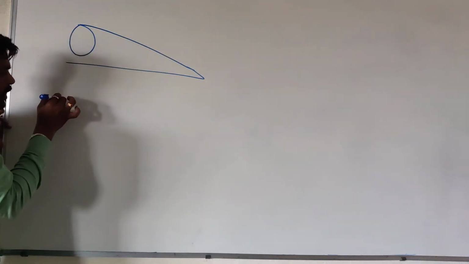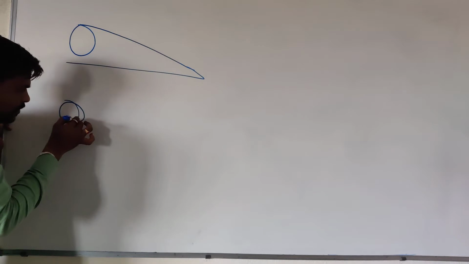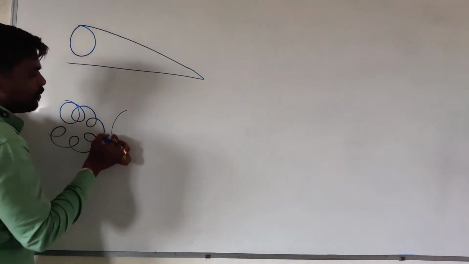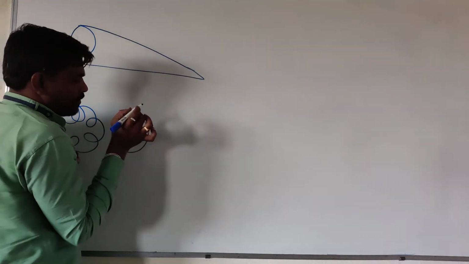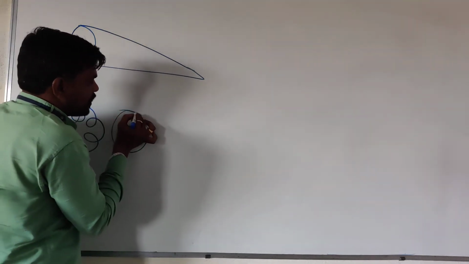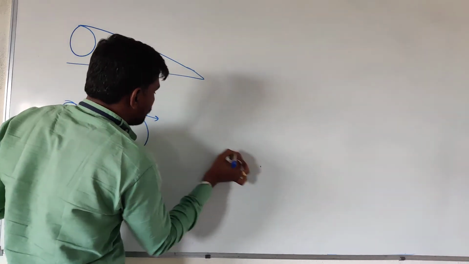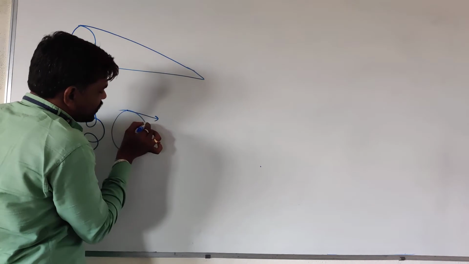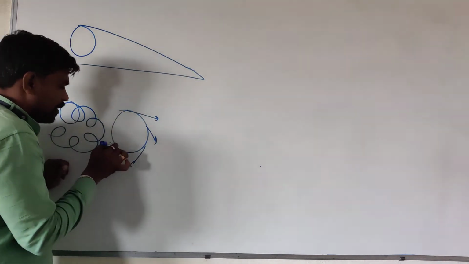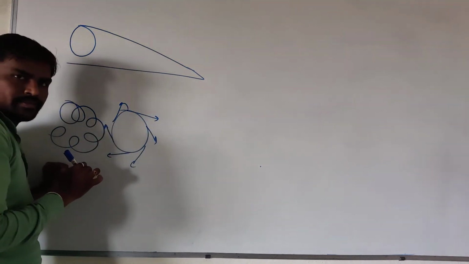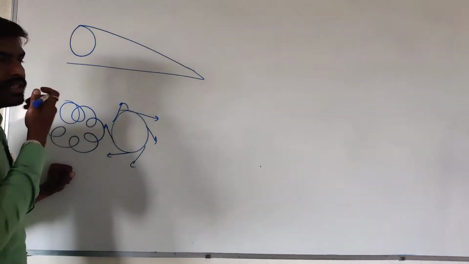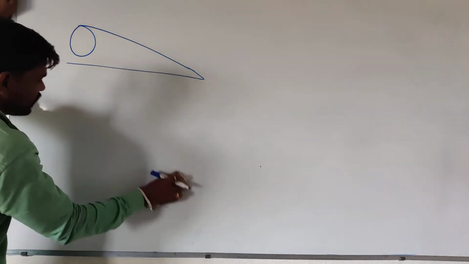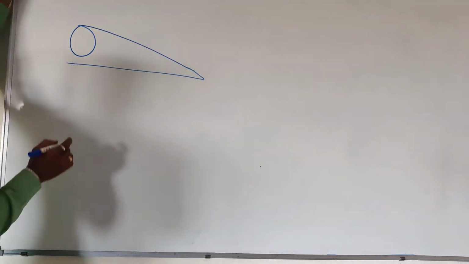If the ball spins, the ball will go like this. If the ball has no spin, this velocity continues to the same velocity, but this velocity came here. It completely changes.